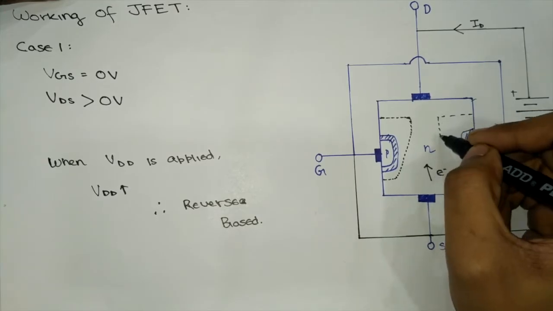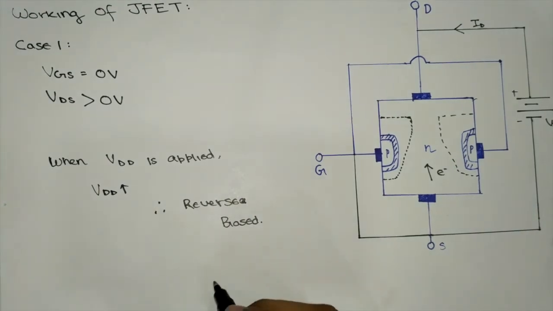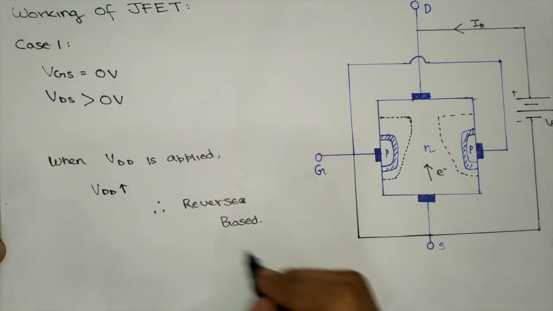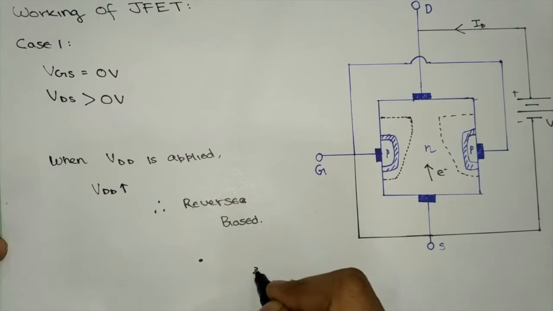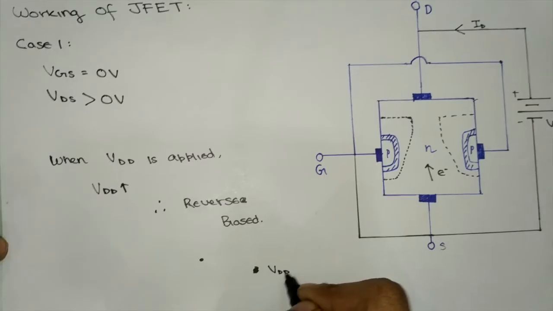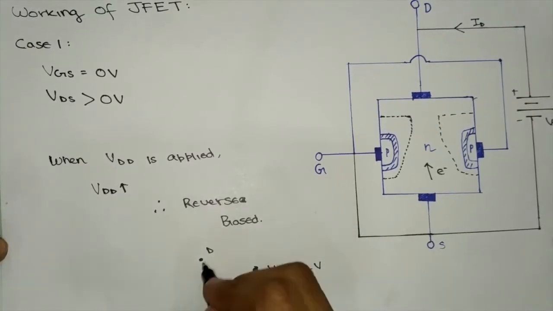Similar on this side too. This happens because, I will explain this to you. Suppose a potential of 2 volts, VDD is equal to 2 volts. And this is the drain terminal, this is the source terminal.